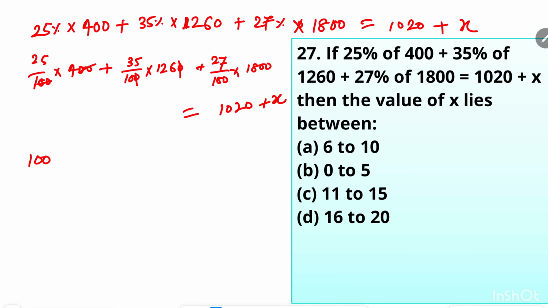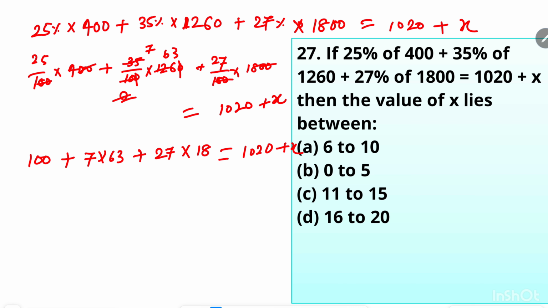In the second term, if you divide further with 5 and 7, it will give you 2 here. Then further you can divide this 2 with 6 and 3. Then 7 into 63 in multiple, and here you can directly cancel these two zeros. The 27 in multiple of 18. Now 100 and 1020 plus x. After solving this calculation, you will get the answer, right?